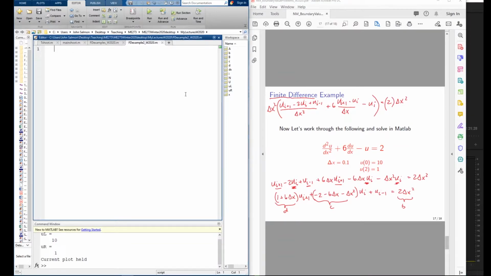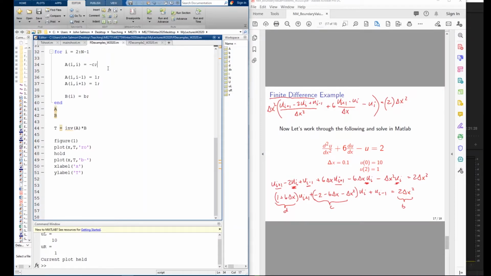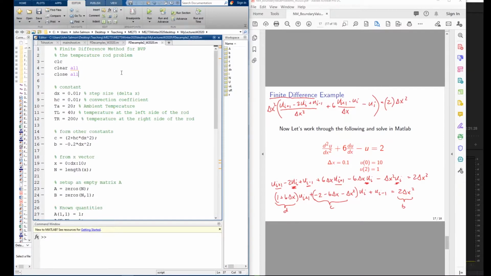Okay, well, I've got a different problem, so let me just go over here and do a control A, and I'm going to come over here and do a control V, and I'll clear my window right here. Okay, and this is no longer an example for the temperature rod, so I'll just remove that one. You'll notice then that I've got an example 2 right here already set. I'll hit control S to save it. Let's just go through this.